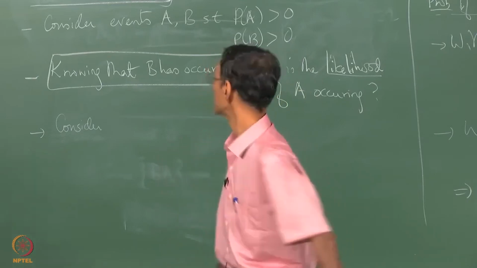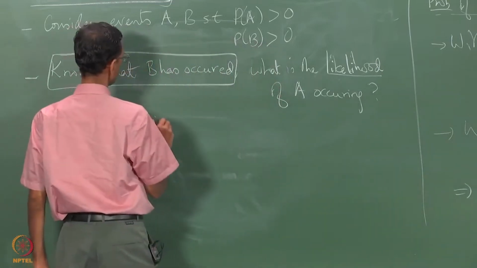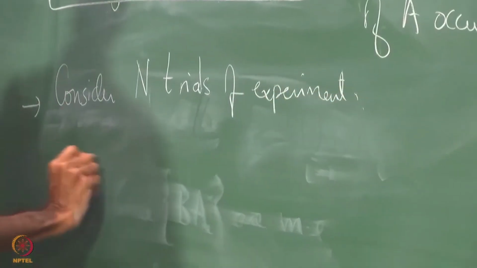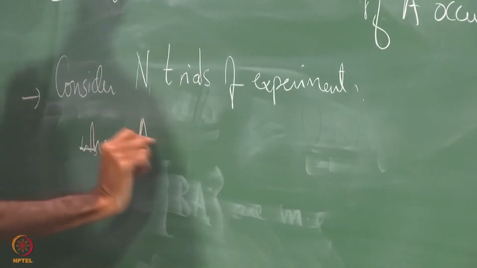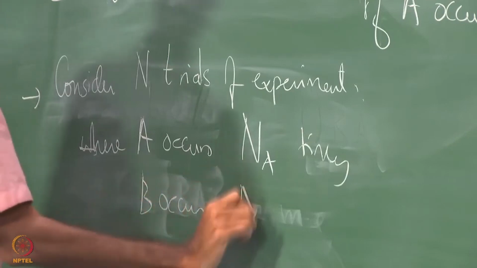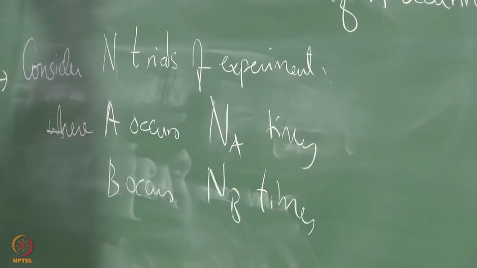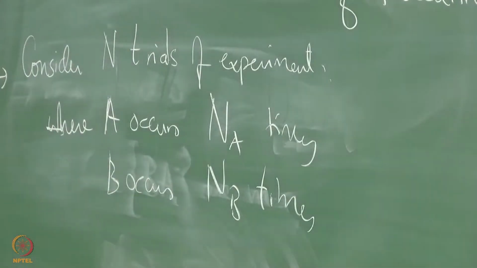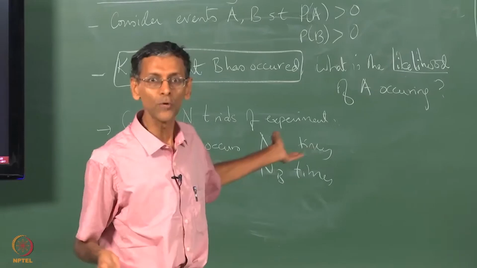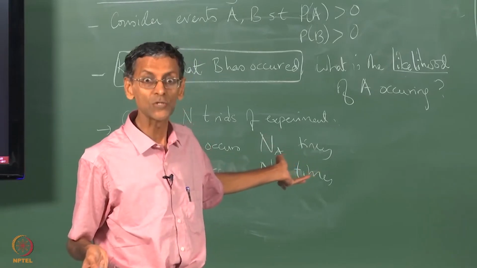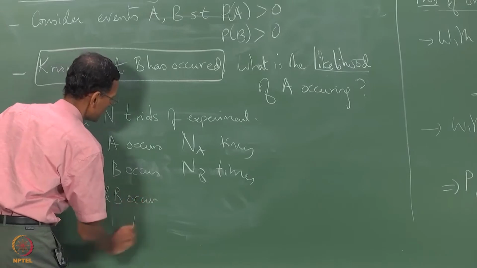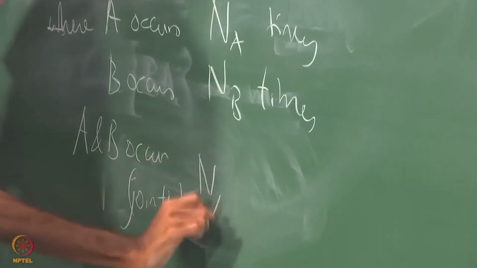So consider N trials of some experiment, and in these N trials, let us say A occurs NA times, B occurs NB times, and one more important thing, the joint event AB occurs NAB times, which can be 0 if A and B are exclusive, which is okay. So A and B occur jointly NAB times.